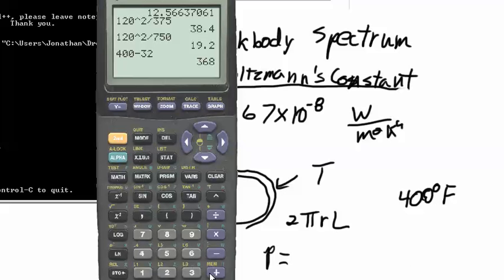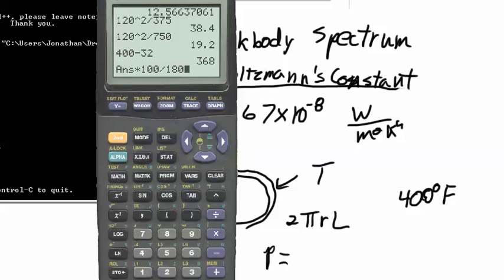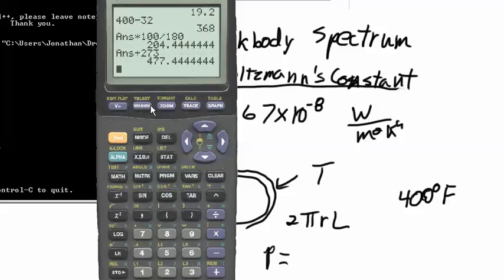Let's see, 400 degrees Fahrenheit is 368 degrees over the temperature of freezing water. And there are 100 degrees Celsius for every 180 degrees Fahrenheit. So that's 204 and 4 ninths Celsius. But I'm then going to add 273 to that to get it into Kelvin.